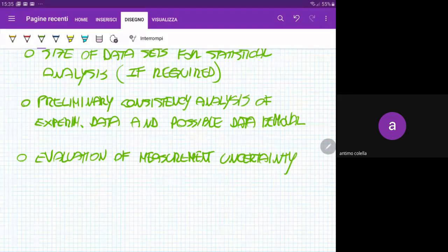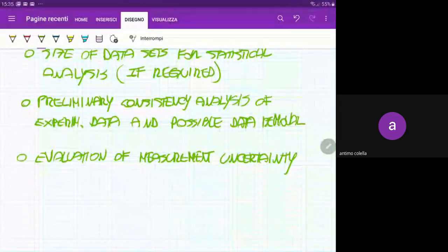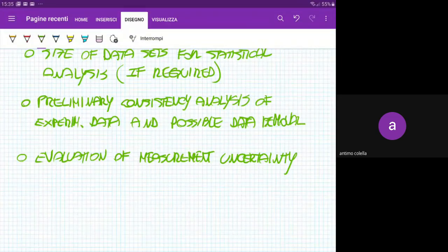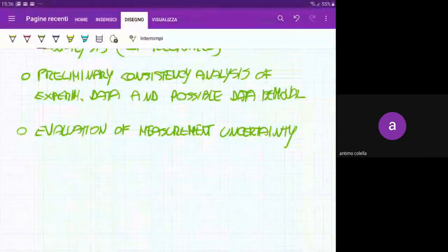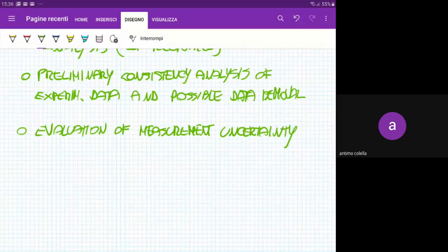Okay, and that could be done using the transducer uncertainty or using the statistical tools to associate your measurement with an uncertainty. Okay, that depends on your activity. But this evaluation of the uncertainty is, of course, one most important point.